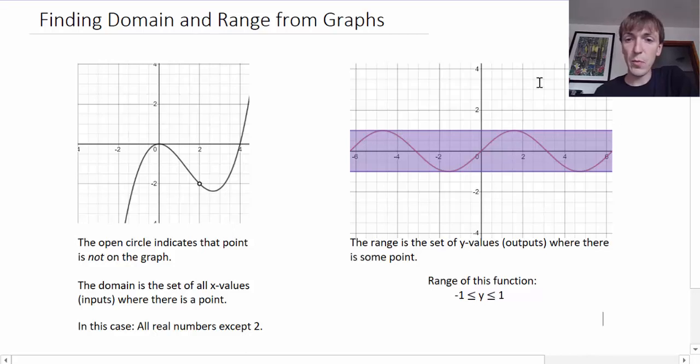I don't have any points above y equals 1, and I don't have any points below y equals -1. So the range of this function is all y that are greater than or equal to -1 and less than or equal to 1.